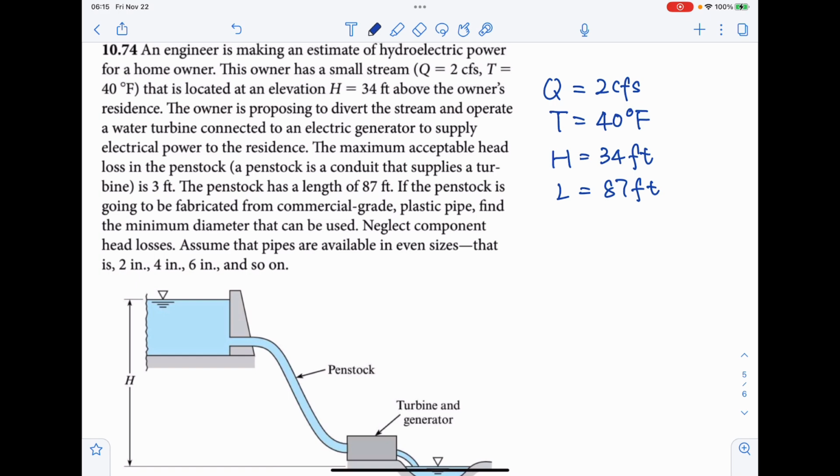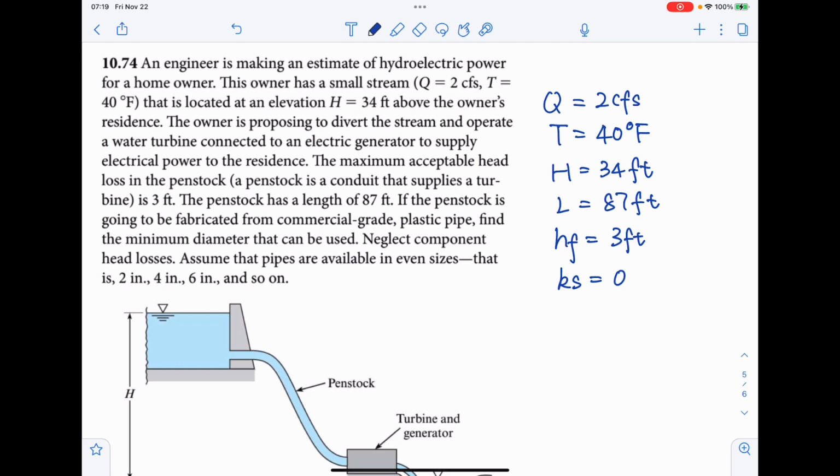And the maximum acceptable head loss here is 3 feet. So the hf is 3 feet. Okay. And it's a commercial grade plastic pipe. So the Ks should be equal to 0. And we are asked to find the appropriate diameter for the pipe, and the size should be in even sizes like 2 inch, 4 inch, 6 inch, and so on.